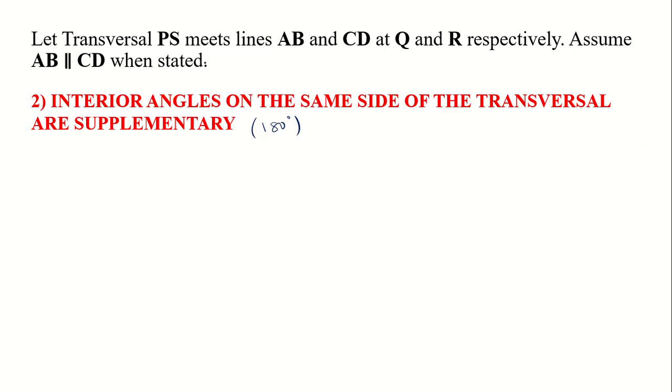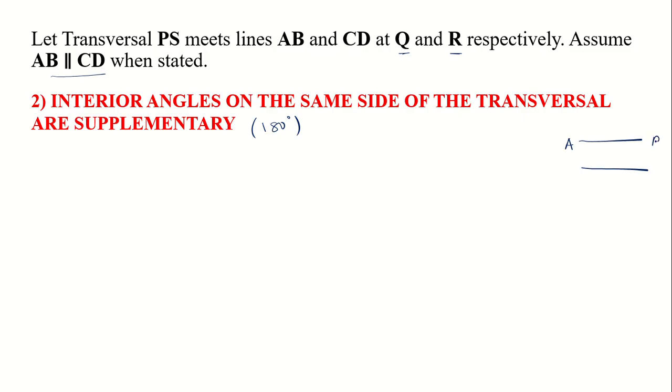So from this statement, let us draw the diagram. Let transversal PS meet lines AB and CD at points Q and R respectively, and we need to assume that AB is parallel to CD. Okay, so this is your first line, this is your second line. So these two lines are parallel to each other.